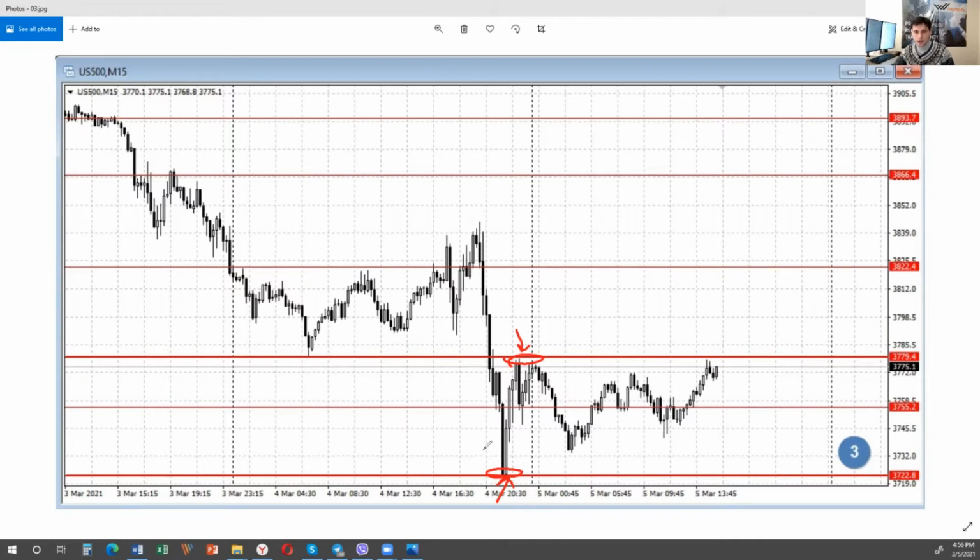In such cases, either act above 3,779 or wait for the retest of the lower border. But then you must take into account the possible pressure in the event of a fall to 3,723 and do not rush.